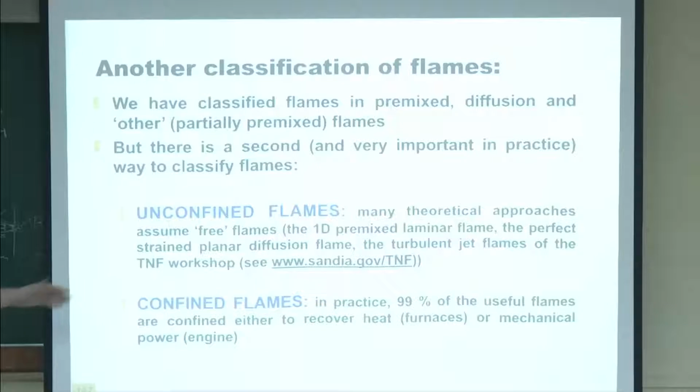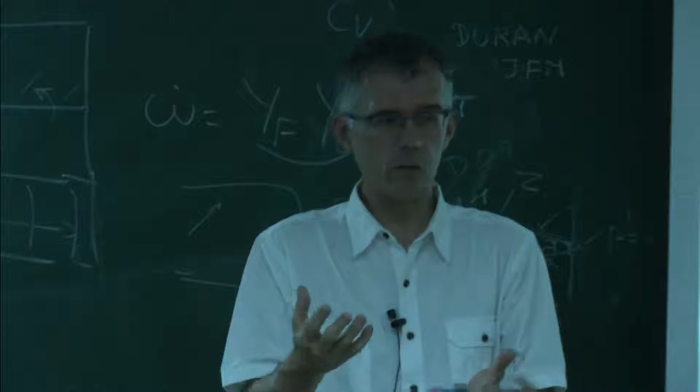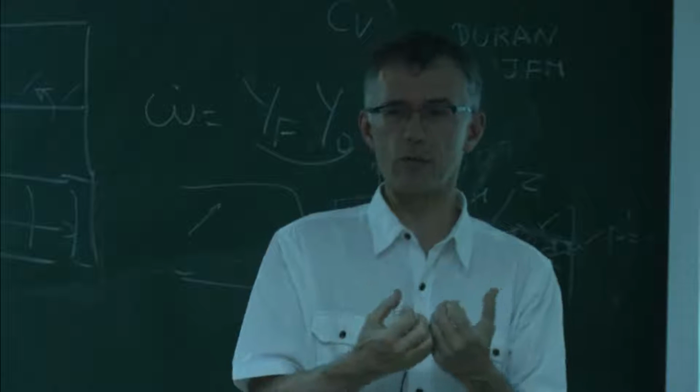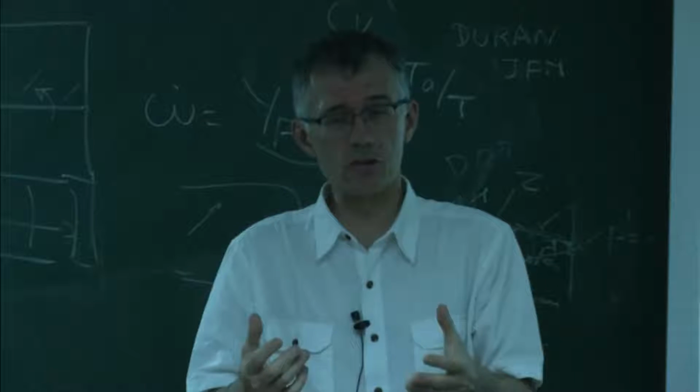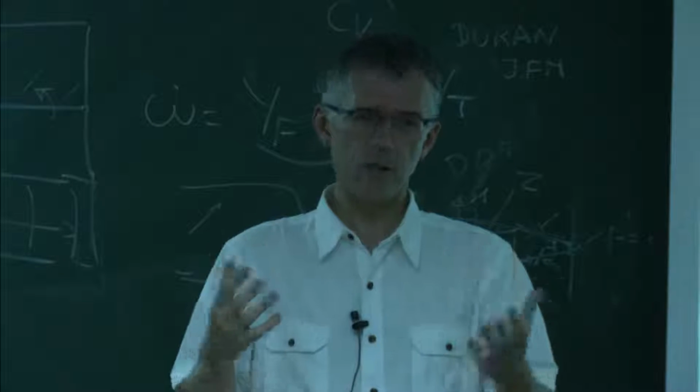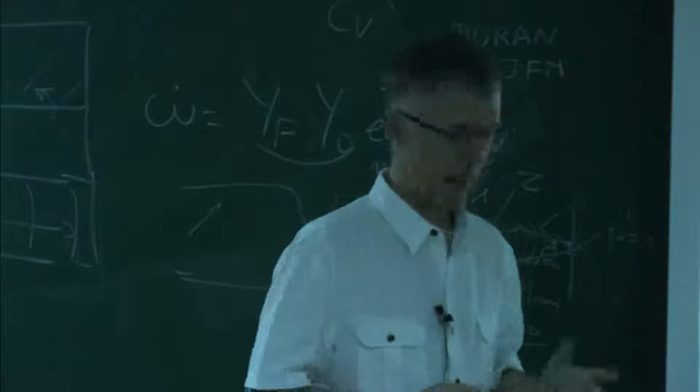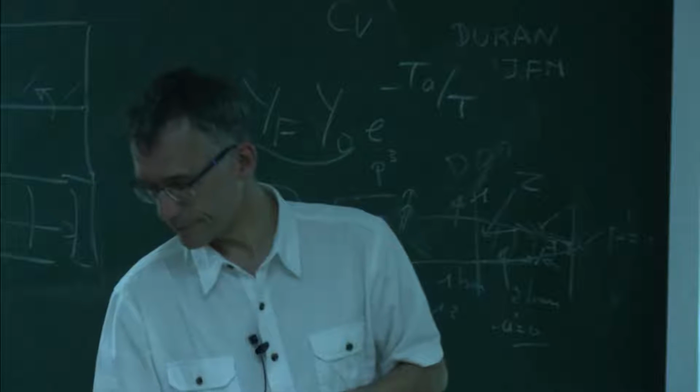When you talk about confined flames, those are the real flames. If a flame is burning in a free atmosphere like this, it's not useful except to produce light. If you want to recover heat or mechanical work from a flame, you have to put it in a box. As soon as you put it in a box, usually the box is complicated and you have to worry about other problems. I'm going to show you some examples.